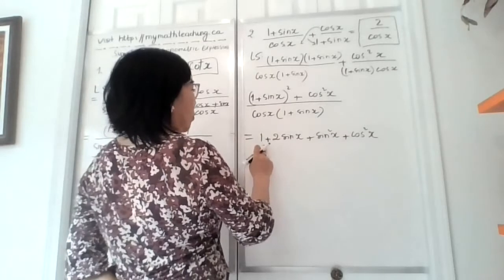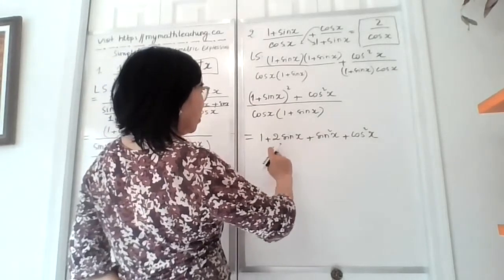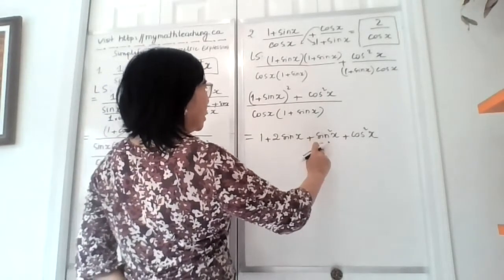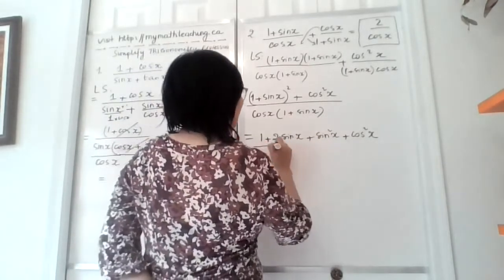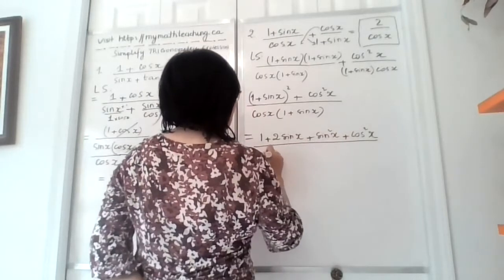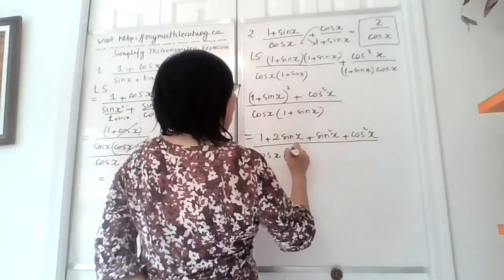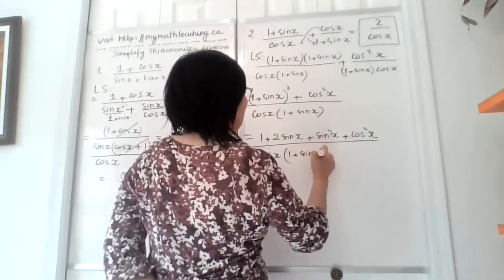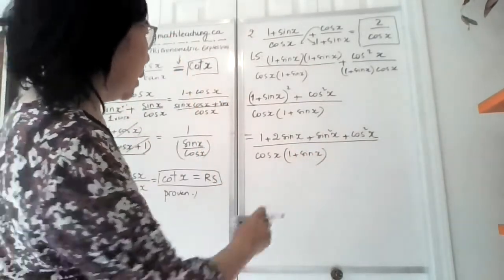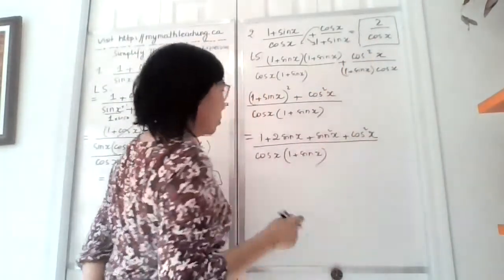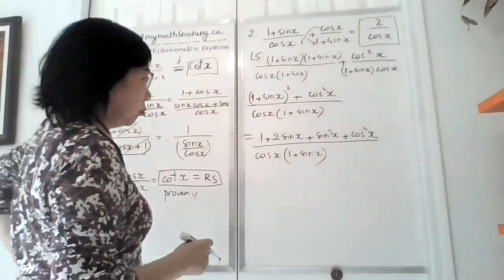So I make it 1 square plus 2 times a times b, which is 2 sine x, plus b square, which is sine square x, plus cos square x, over cos x times 1 plus sine x. Still not getting anywhere like this, right? So let's see how we're going to do.